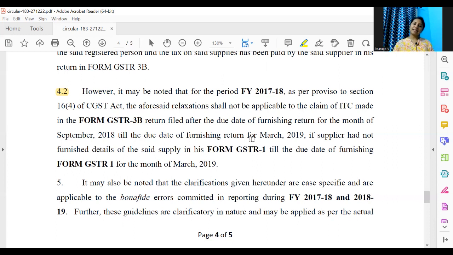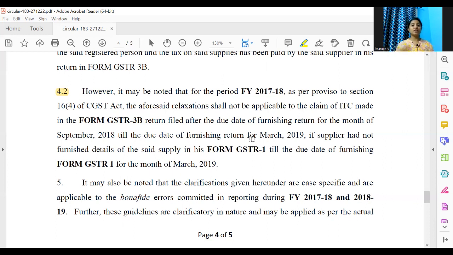So an important catch in this circular is paragraph 4.2. Generally, the due date for claiming ITC, until recently when it was changed, was the due date for filing the September return of the subsequent year. So in the 17-18 case, it was September 18.